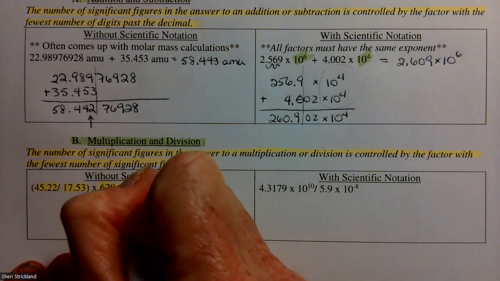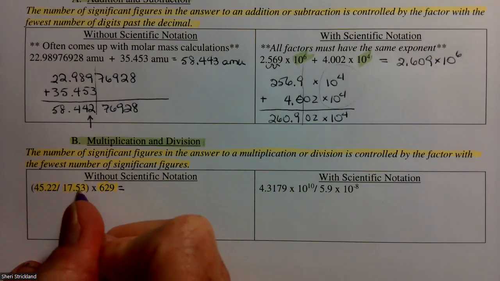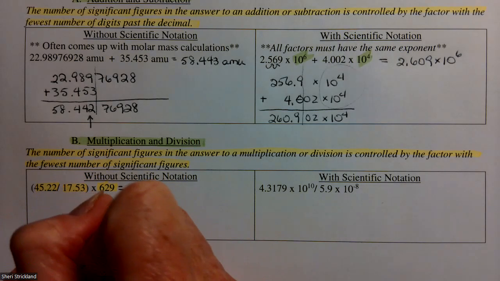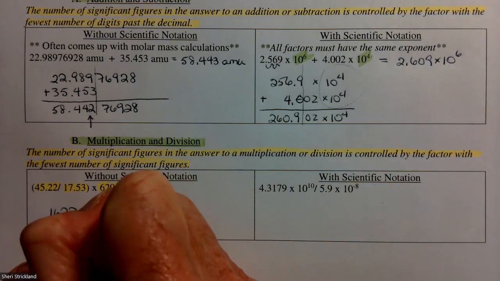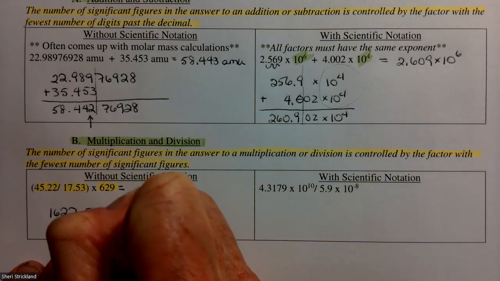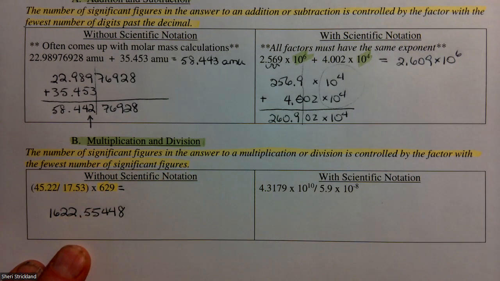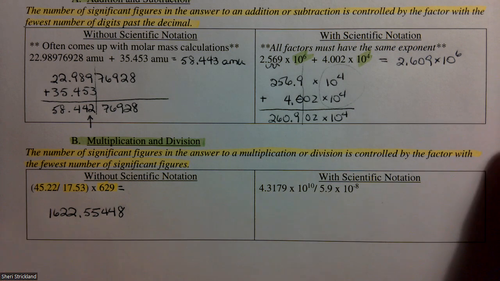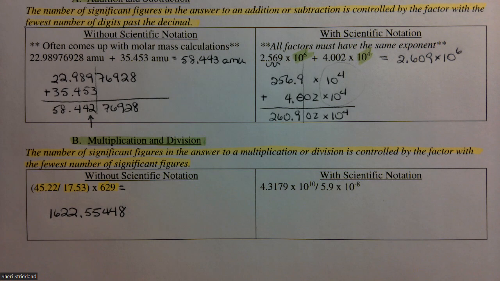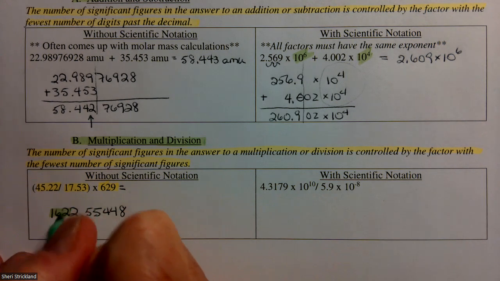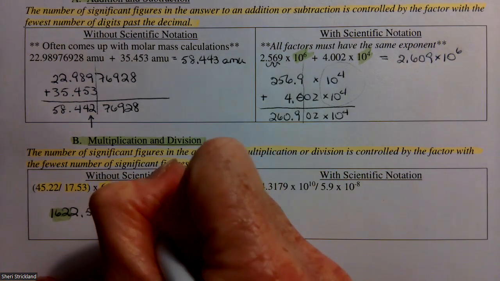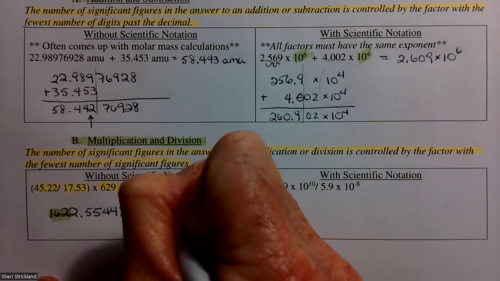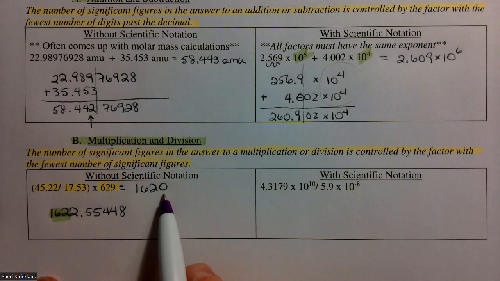So when I do this division and then the multiplication, I got 1,622.55448, which is an impressive amount of digits, but I can't keep them all. I can only keep 3. So that means these 3. Okay, which means that the answer has to be written like this without a decimal point, which tells me that that 0 is a placeholder, but it's not significant.